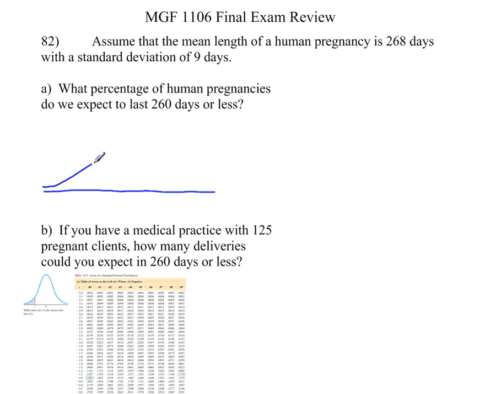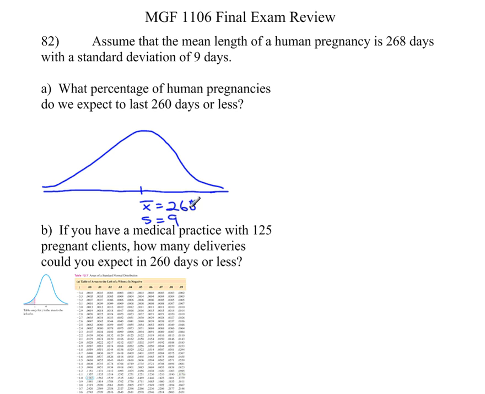I'm going to sketch a normal distribution. We're given that the mean is 268 days and the standard deviation is 9 days. And we're asked what percent do we expect to last 260 days or less.